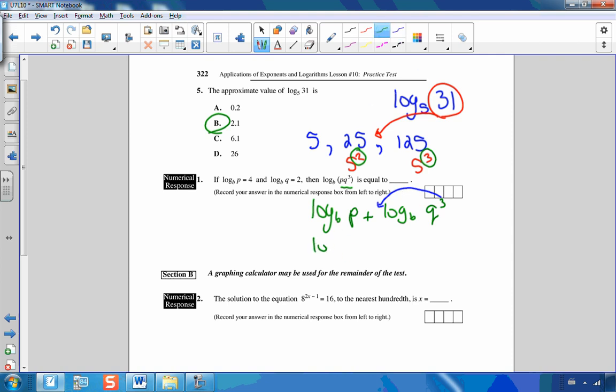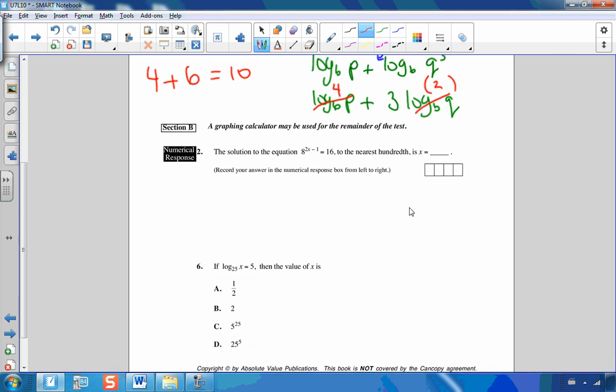So I have log base b of p plus 3 log base b of q. Log base b of p is just 4, so I can replace this with a 4. Log base b of q is a 2, so I can replace that with a 2, and then I'll multiply. So what I really have is 4 plus 3 times 2, which is 6. So this whole value will be 10. So my answer is 10.